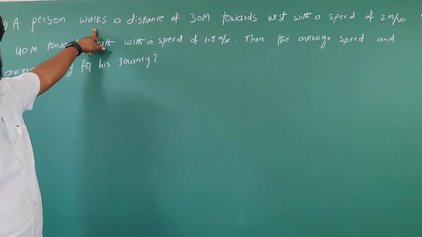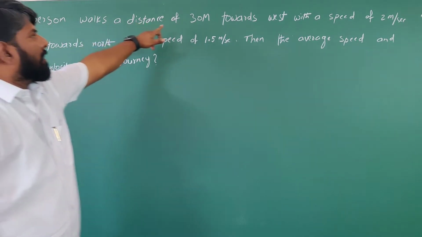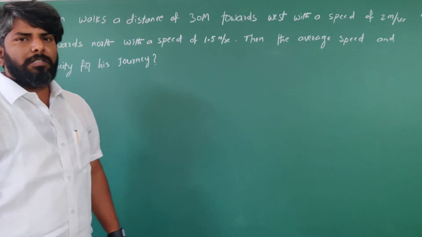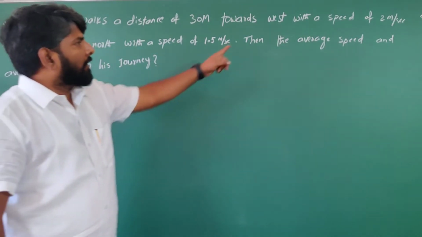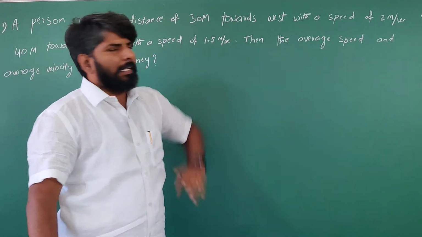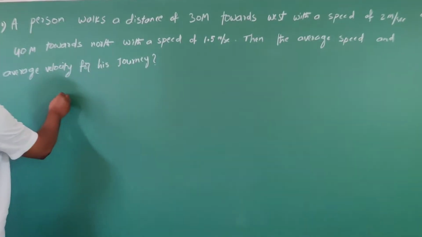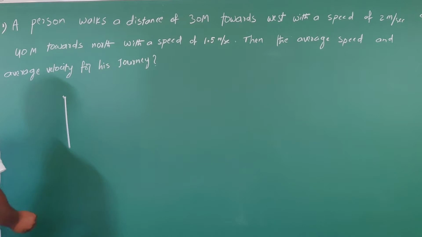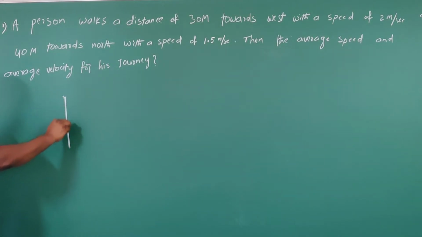A person walks a distance of 30 meters towards west, with a speed of 2 meters per second. Means the person starts walking simply towards west.